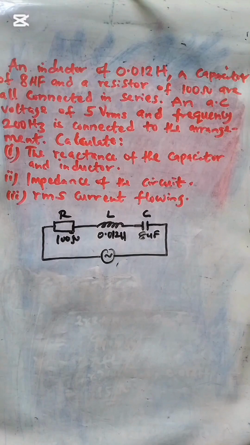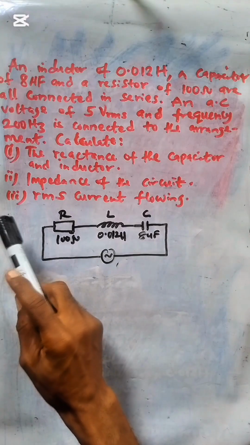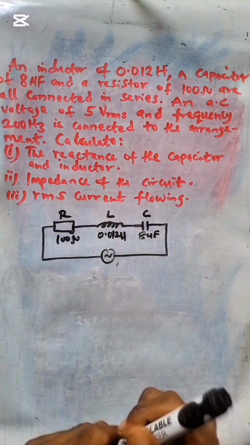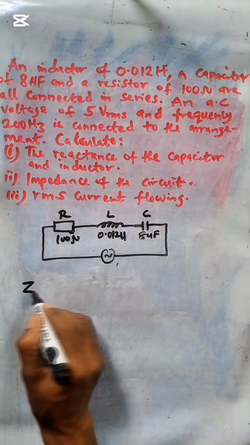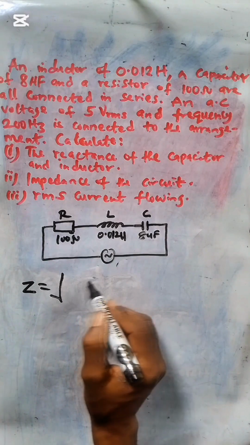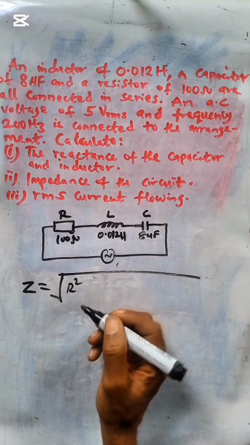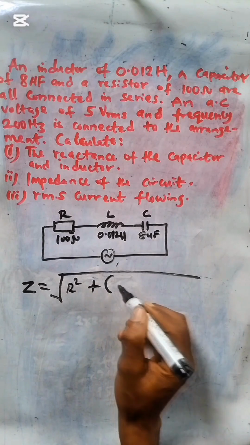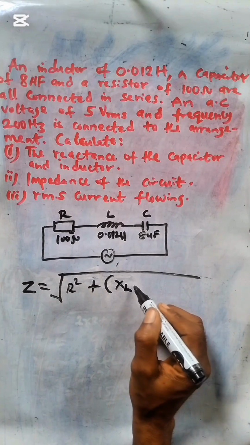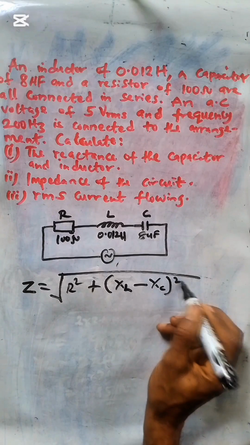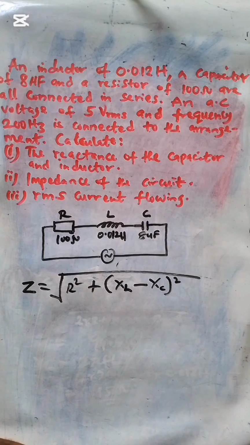Now that we have calculated our capacitive reactance and inductive reactance, we can calculate the impedance of the circuit using the relationship Z is equal to the square root of resistance squared plus, in bracket, inductive reactance minus capacitive reactance, all squared.